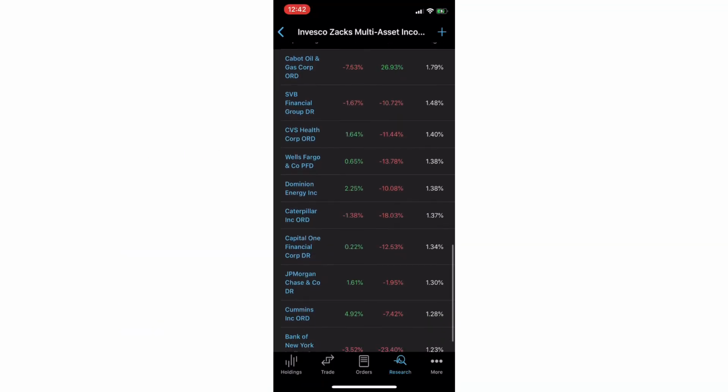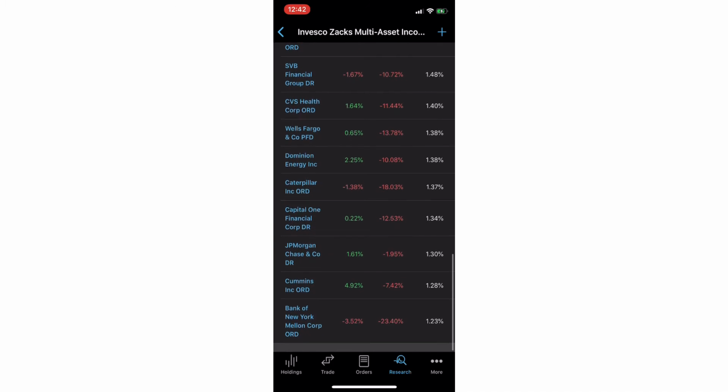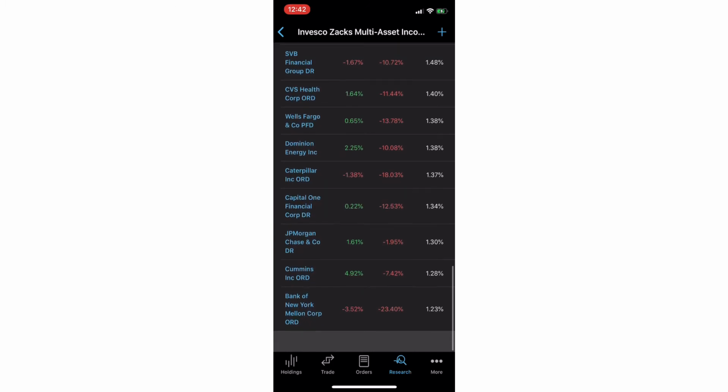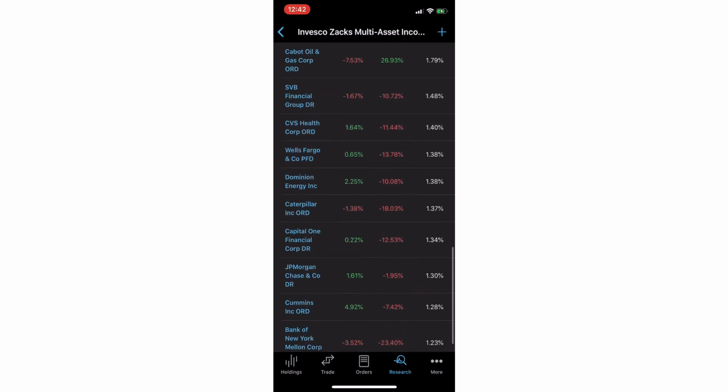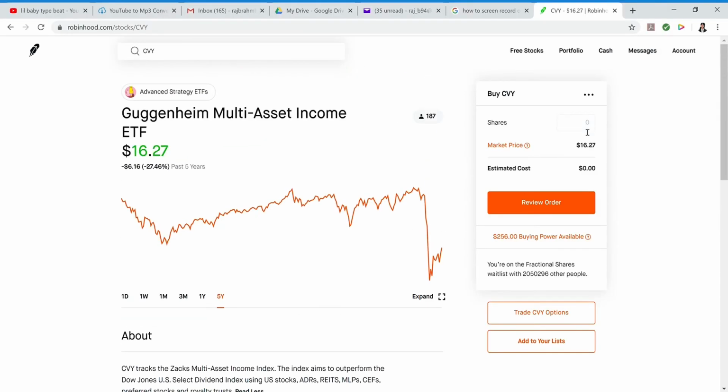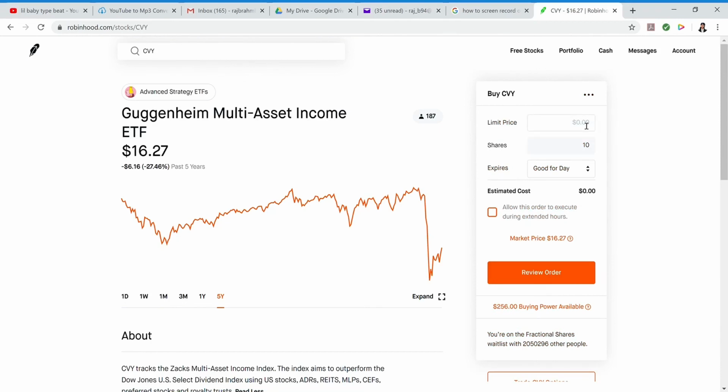These are the stocks that are within that index fund. And again, you can pause it right here if you want to look them up one by one and see what each company does. If you don't care, then just follow what I'm saying. Here I'm gonna put in, let's see, probably 10 shares because it's cheap, and like I said, I'm playing with $1,000, so I'm trying to even everything out.